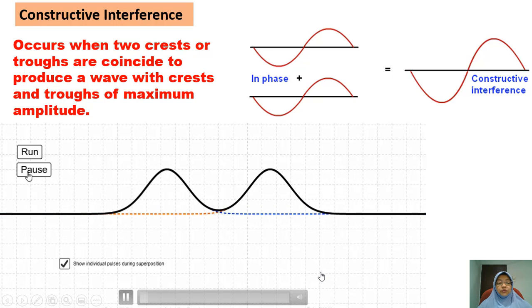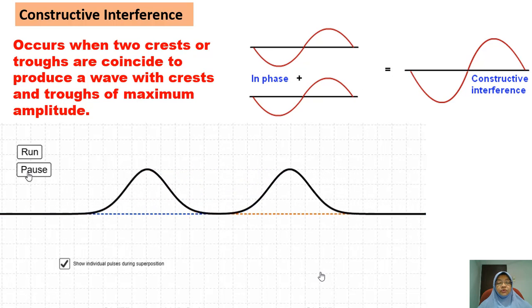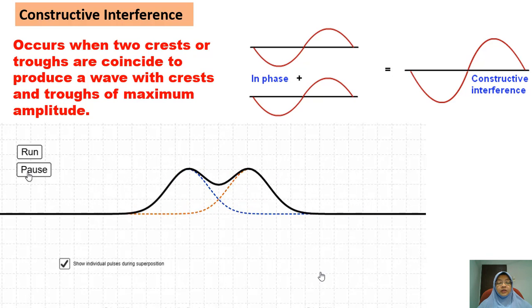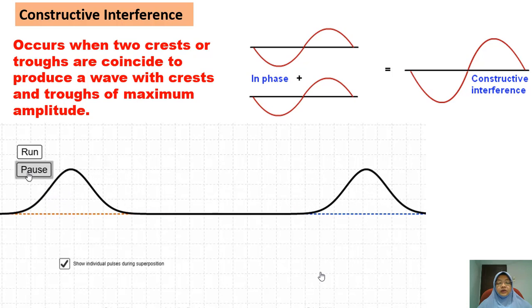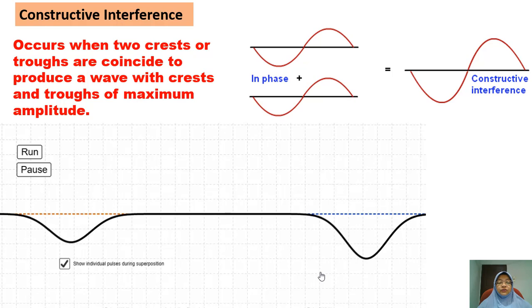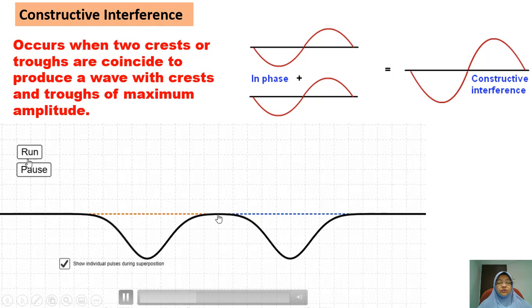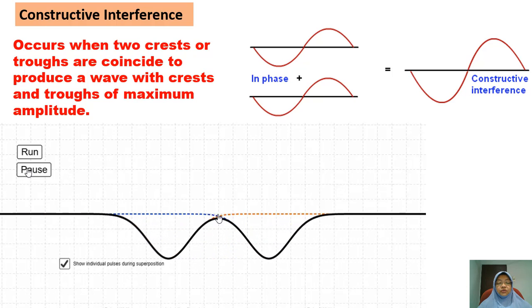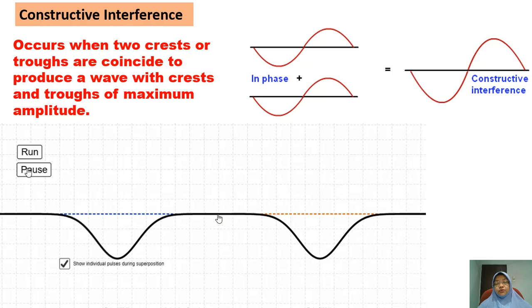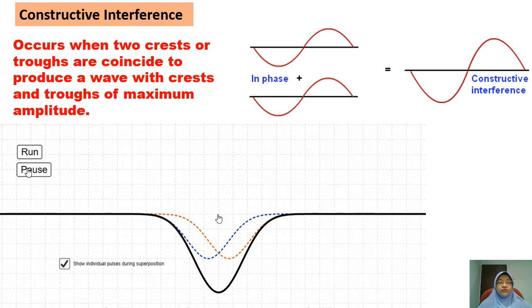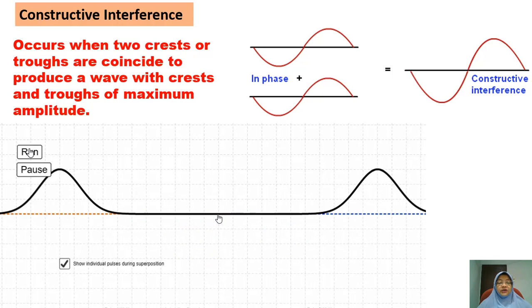Two crests meet together, we have a bigger amplitude of crest. We can also have two troughs meet together at one point. So it will produce a bigger trough, a bigger maximum of trough. This is what we call constructive interference.